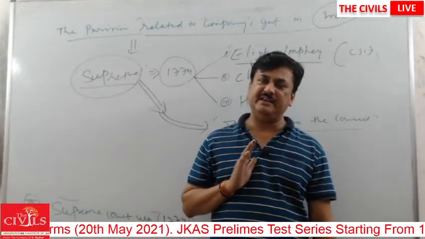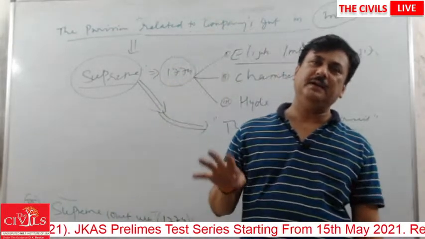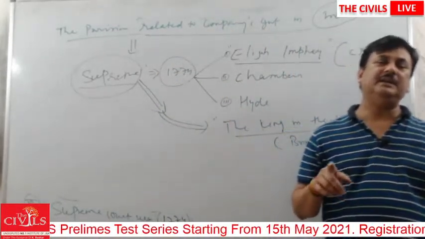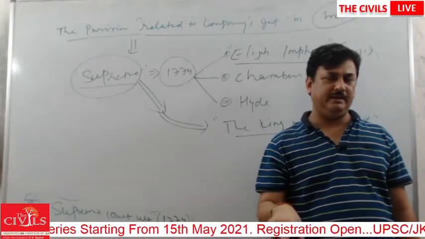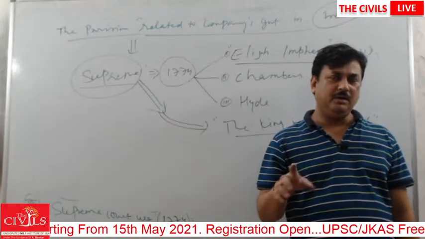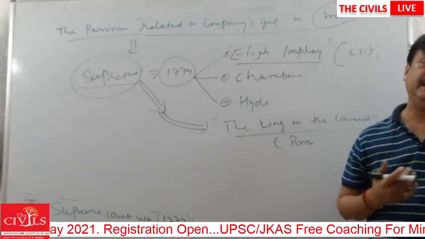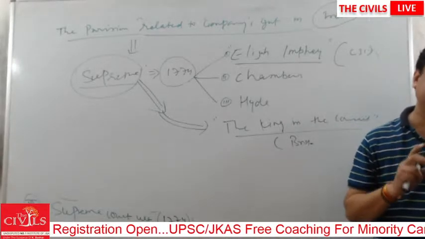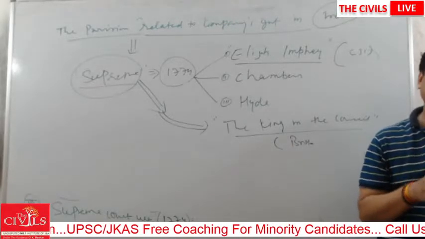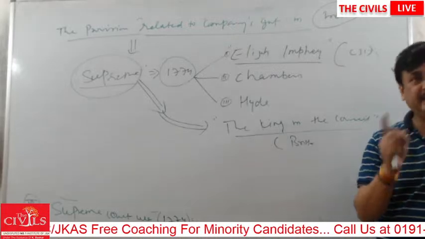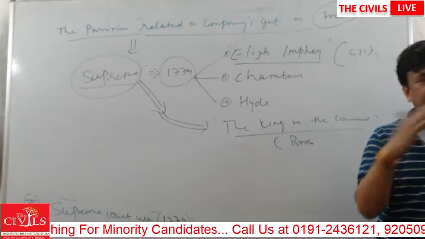This was the first act passed by the British Parliament to regulate the activities of the East India Company, not only in India but also in England. The administration of the company was regulated both in India and England, so there was a separate provision for England and India.